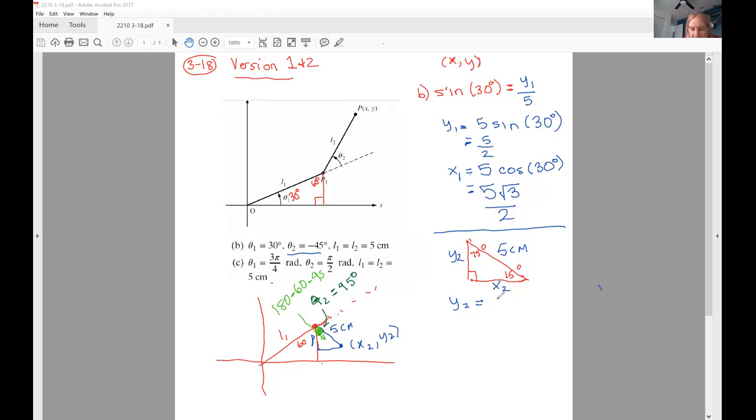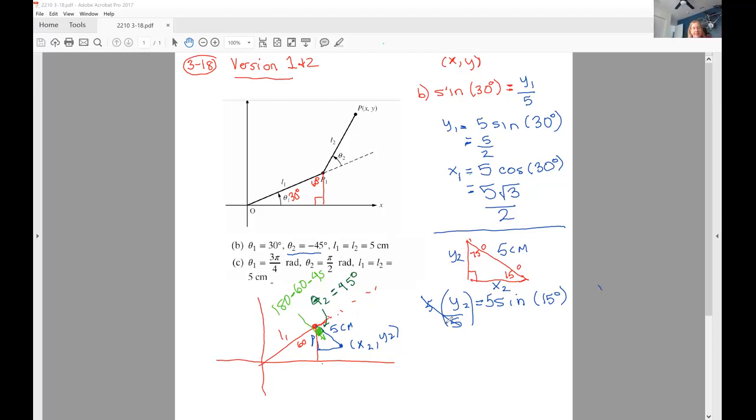And I can say Y2 is equal to the sine of 15 degrees. And the sine is equal to the opposite over the hypotenuse. So I would divide by 5. Then I'm going to multiply both sides by 5. So I get 5 sine of 15 degrees equals Y2.